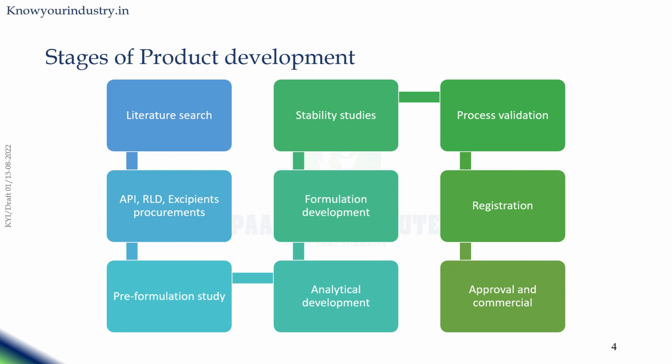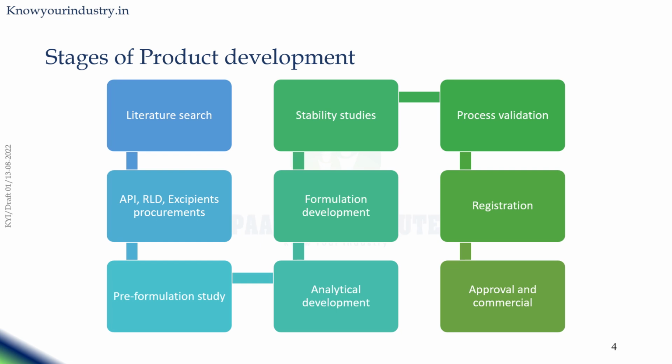Once you have a stable product, you can take the product into a manufacturing site where you will be performing a process validation study. So from the lab scale to pilot scale, you will be performing the process validation. Post process validation, you can approach any agency which you are targeting.